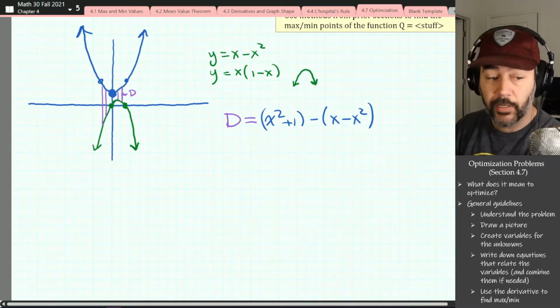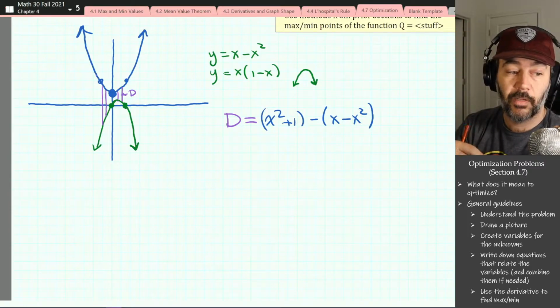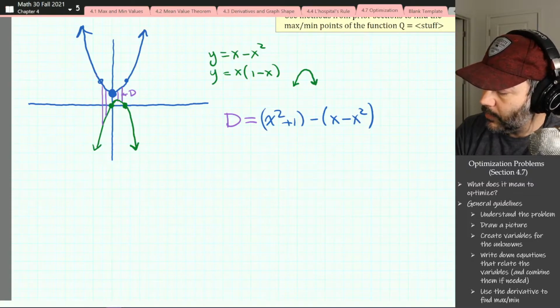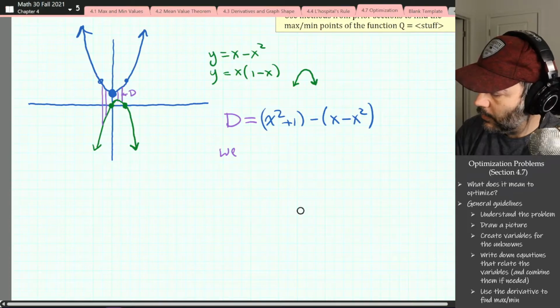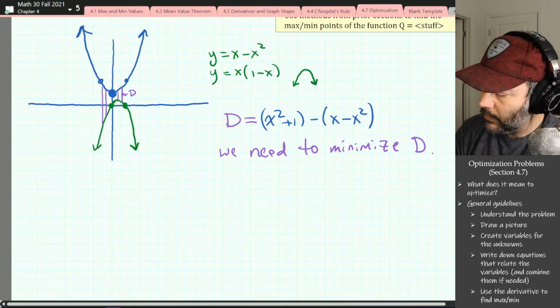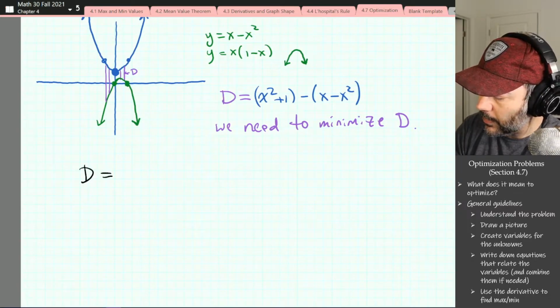Okay, so we've got our distance function, which is the top graph minus the bottom graph. And what we need to do is minimize D. Okay, we're doing our final work, so I'll switch to black.